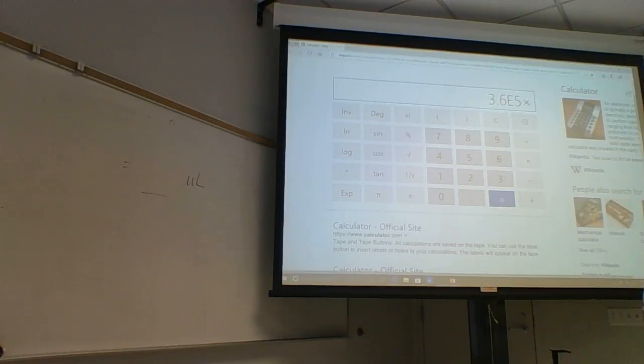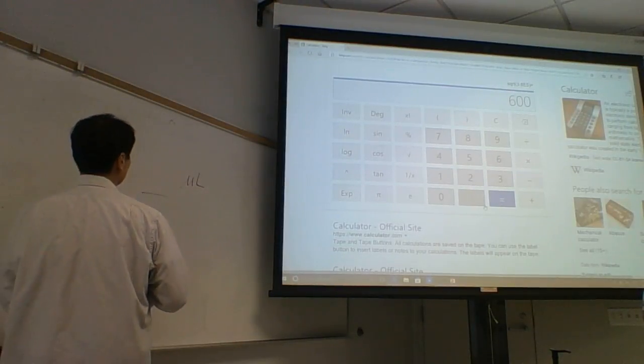And so what we have to do is set it up like a normal problem. This will be the square root of 3.6 times 10 to the 5, and then hit equals: 600.